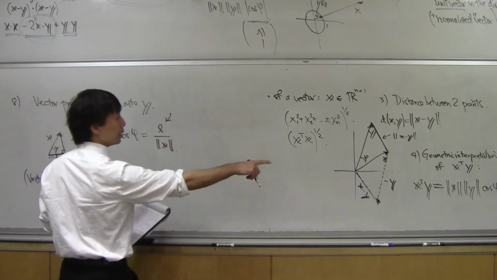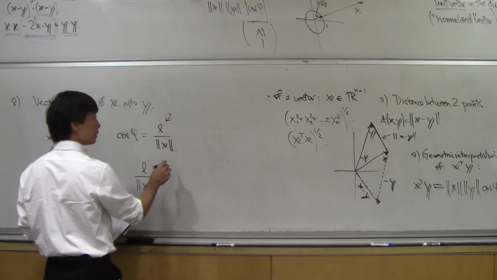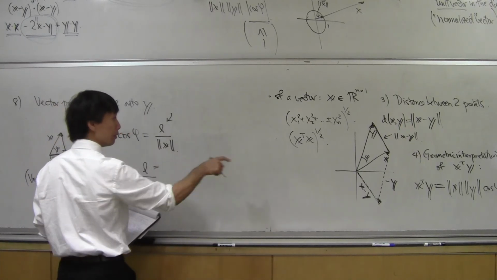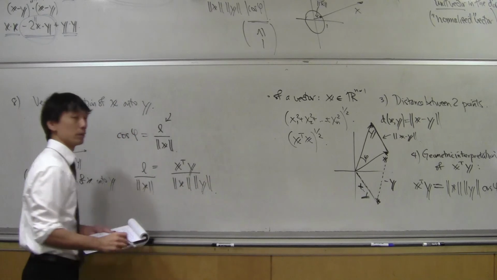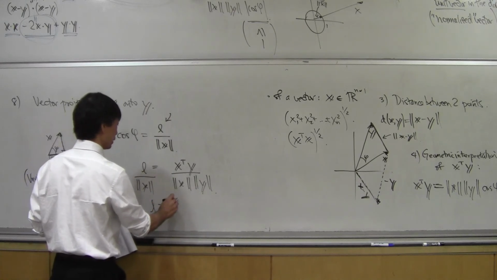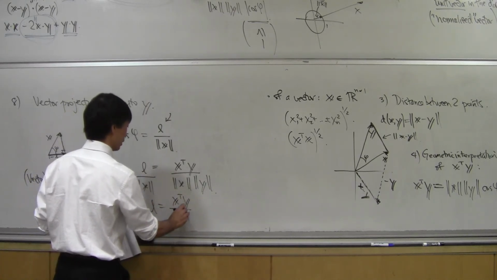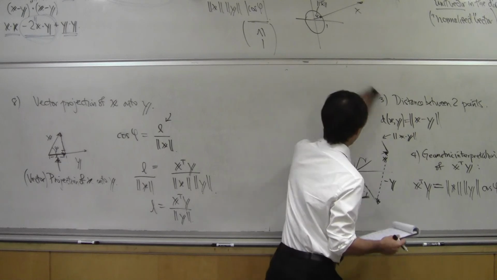Well, L over the magnitude of x is going to be the cosine of phi. And the cosine of phi is x transpose y over the magnitude of x times the magnitude of y. So that tells me that this number here is x transpose y over the magnitude of y. That's a number. That's not a vector.